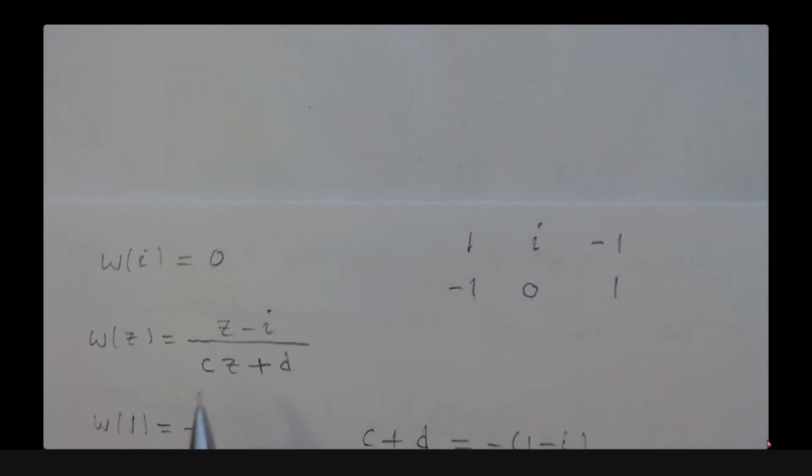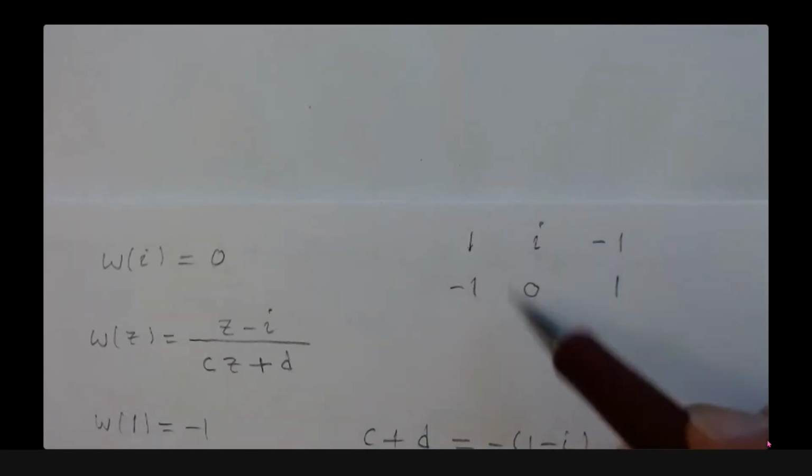Certainly, the numerator got to be 0 if we want W of i to be 0. So numerator is Z minus i, all right? Denominator, CZ plus D, okay. So I used this information. I used this part.